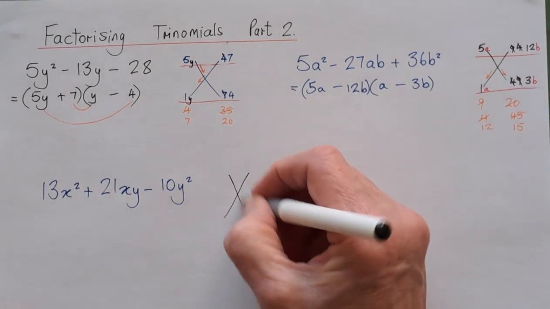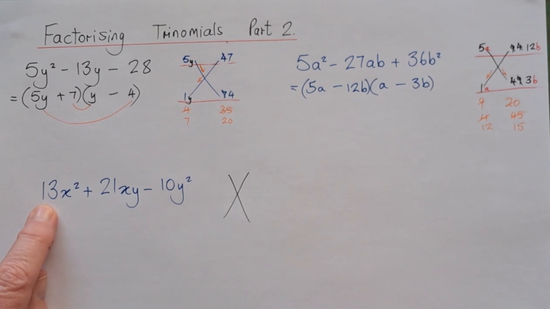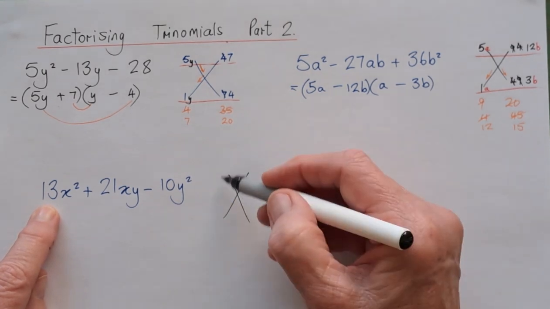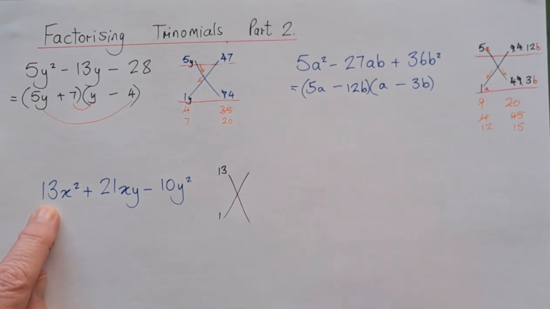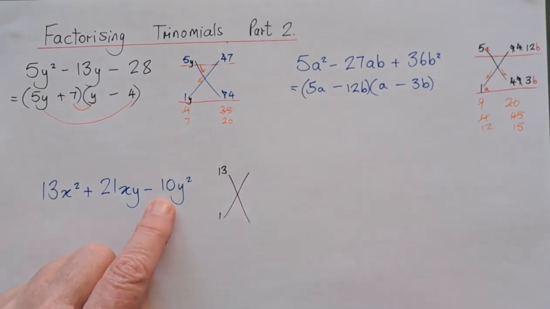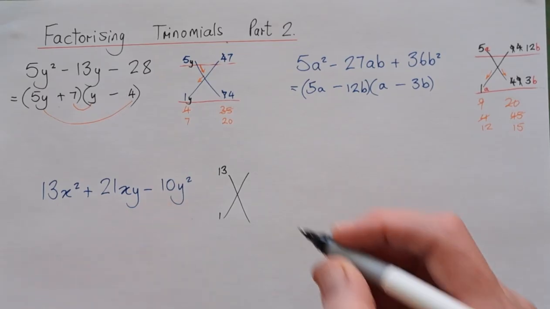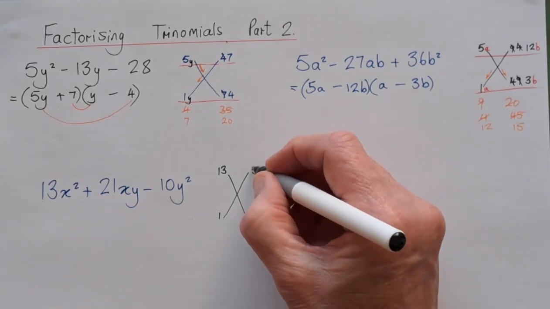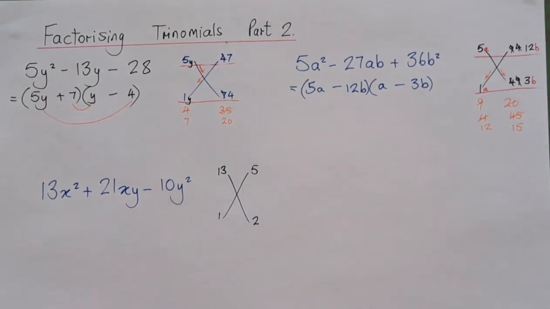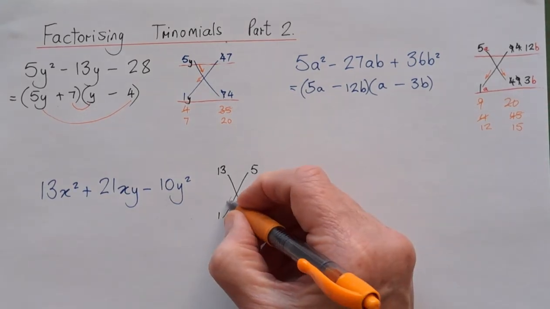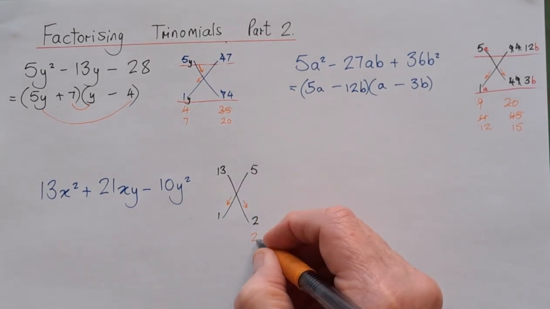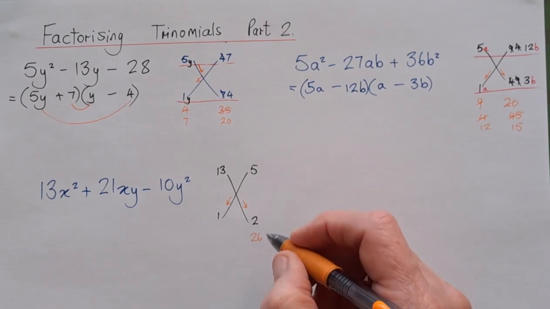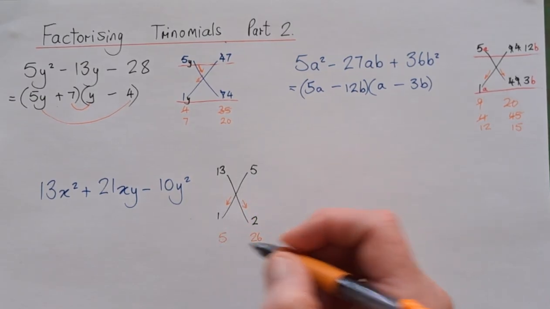And let's start by finding factors of 13 on the left-hand side of the cross. And again, it's a prime number, so 13 times 1 is our only option. 10 is not prime, so we have a few different options we can try. Let's try 5 times 2. Right, multiplying down the arms again, 13 times 2 is 26, 5 times 1 is 5.